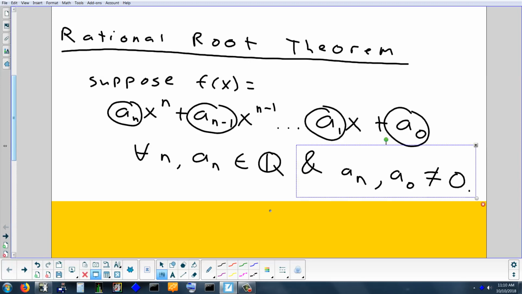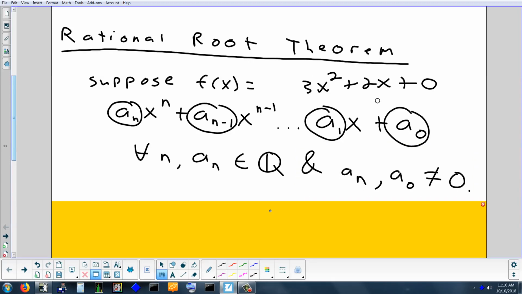That's all that says. So what I'm saying is, if you had a problem like this, you can't use the rational root theorem on it, because you just told me the constant is 0. Doesn't work when the constant's 0. So can't use it in that case. You also can't use it if your numbers in front of the variables are irrational.